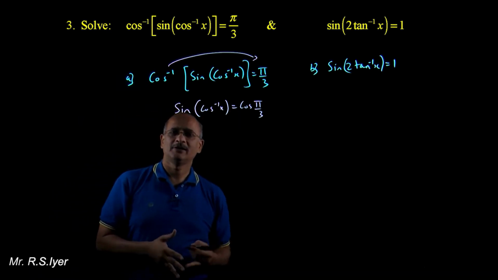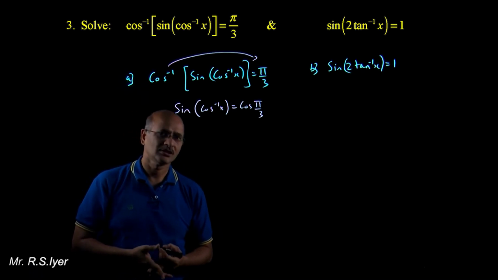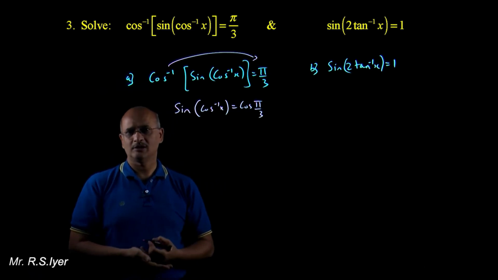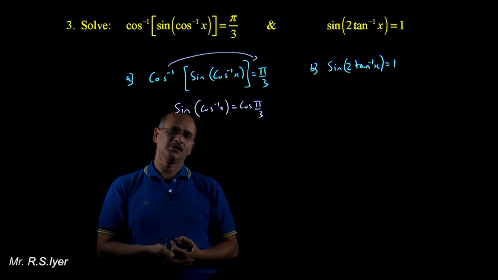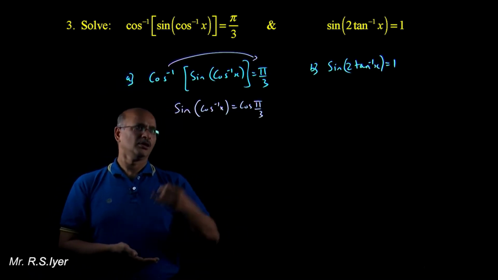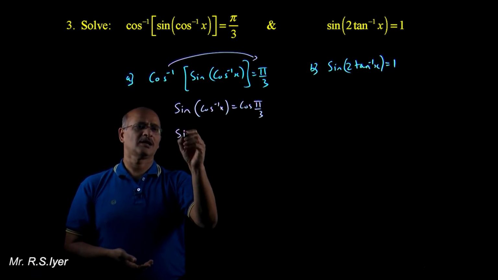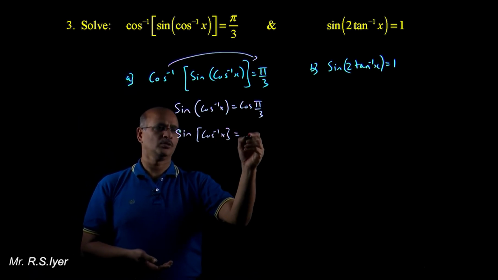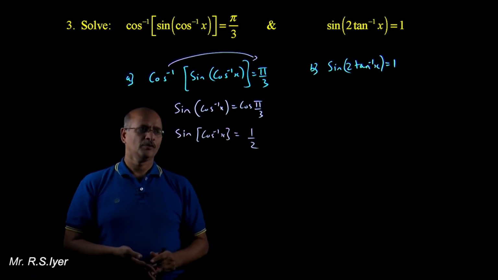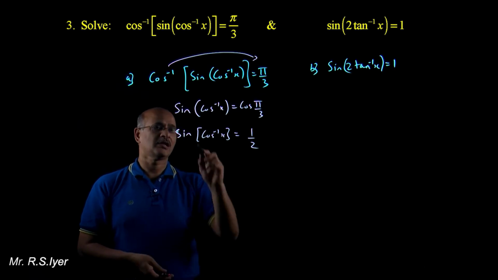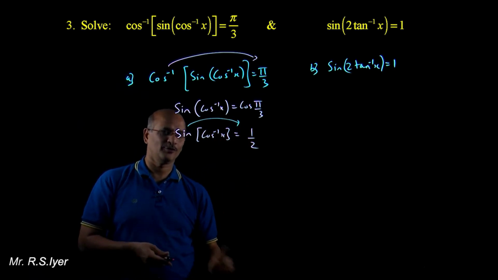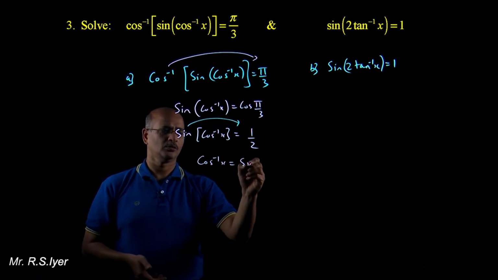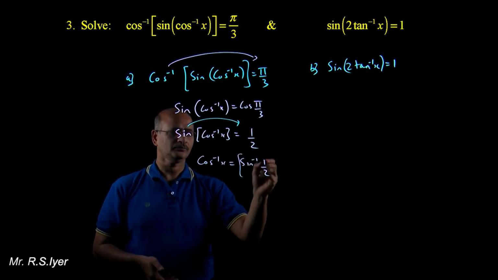Now, cos pi by 3 is cos 60, because pi by 3 is 180 upon 3. What is cos 60, children? Cos 60 is 1 by 2, right? So, this will become sine of cos inverse x is equal to 1 by 2. Now I will take this sine to this side, so cos inverse x is equal to sine inverse 1 by 2.